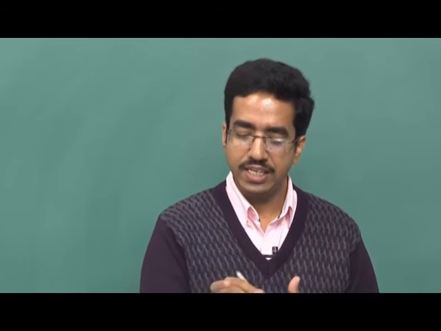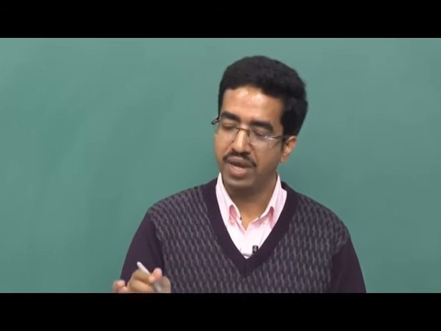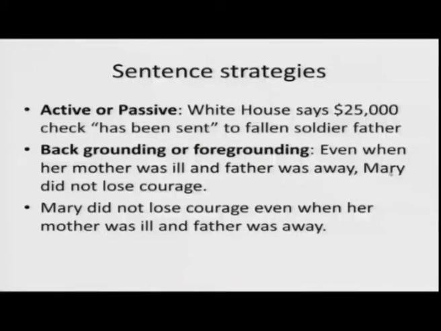By delaying it, the author may be trying to create some kind of suspense and thereby giving more importance to what Mary did here. But that effect you will not see in this example, because the main information is given away in the very beginning itself. So, there are many such sentence strategies. So, these tell us about author's attitude towards something, the kind of importance the author gives to the topic and so on.